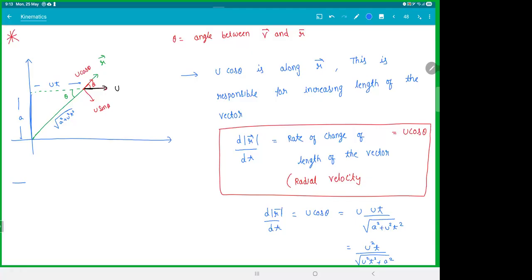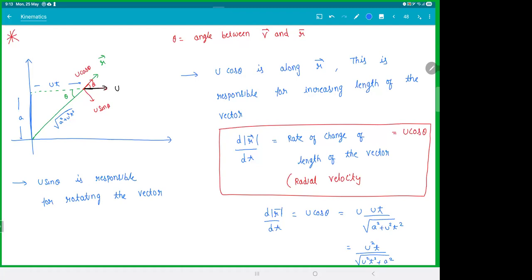Similarly, we can still play around. What does u sin theta do? The u sin theta is responsible for changing the direction of the vector. So the two components have two roles. One component is increasing your length and one component is changing your direction, rotating the vector.